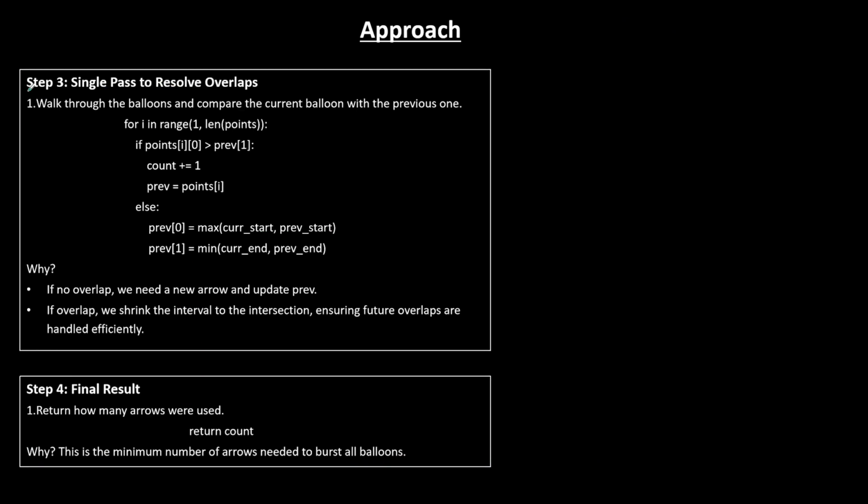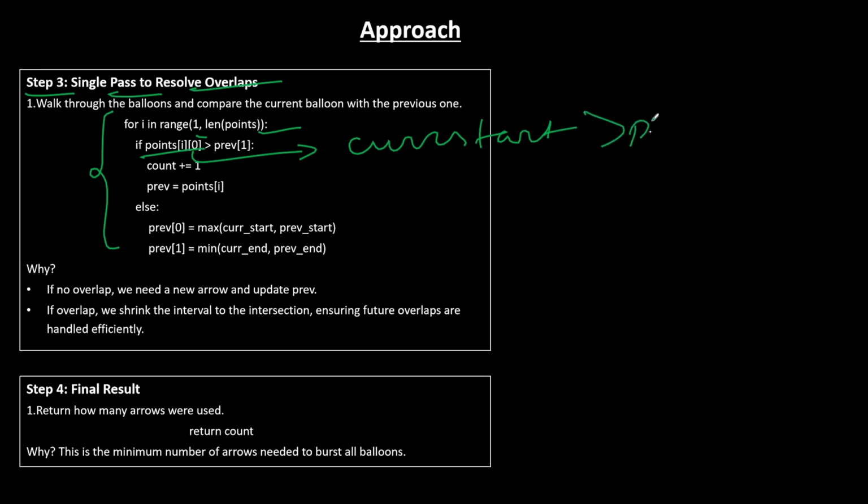Now at step 3, a single pass to resolve the overlaps. If you can see, this is the for loop we will be doing. We will start from 1 and go to the end. If this point, which is basically the current start, is greater than the previous end, that means we need another arrow and we will update the position.